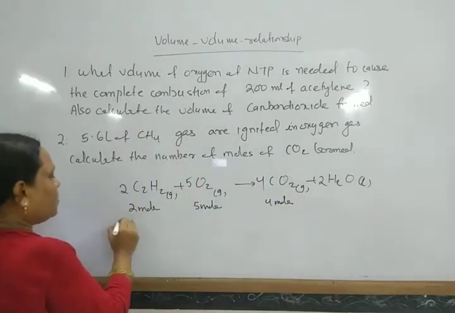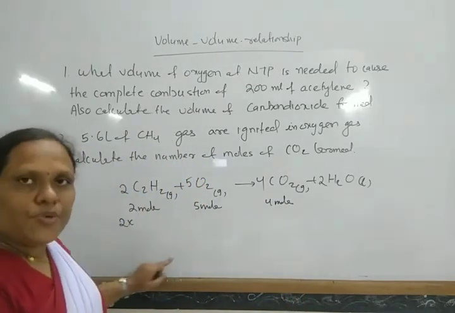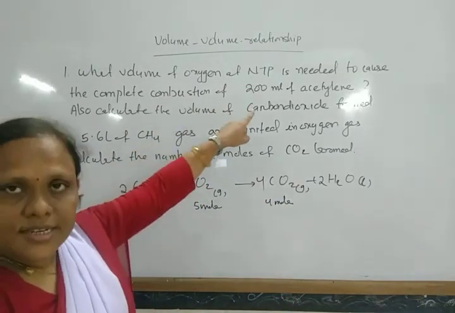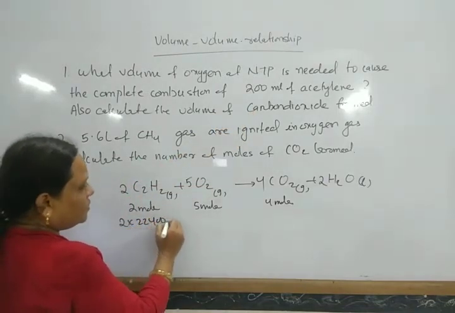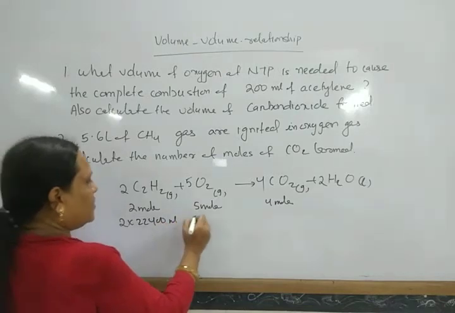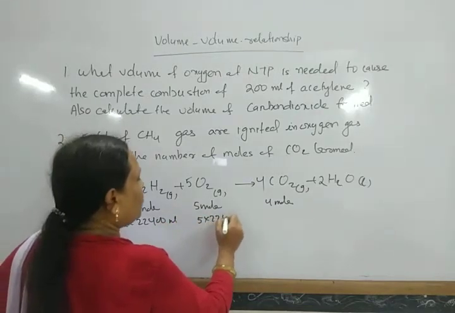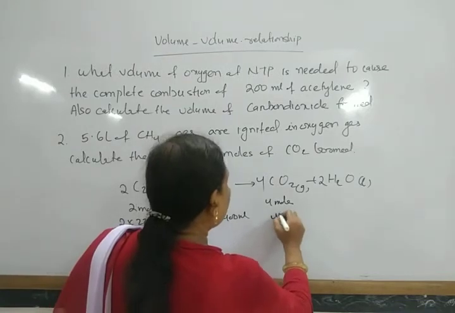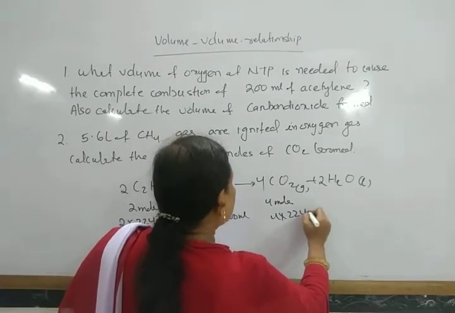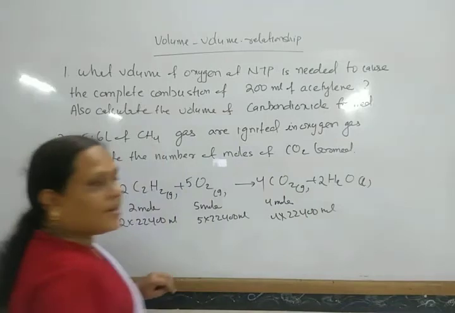So here the volume is 2 into 22.4 liter. As the question is given in ml, I am writing 22400 ml, and this is also 5 into 22400 ml, and this is also 4 into 22,400 ml.